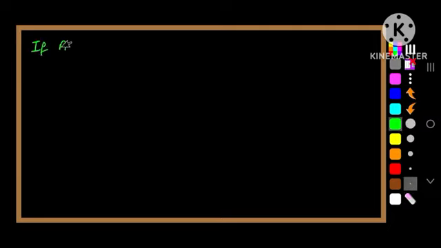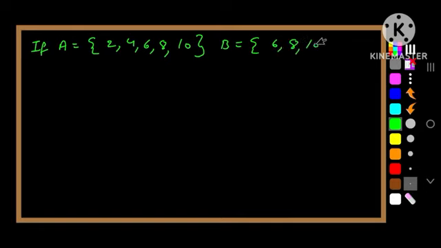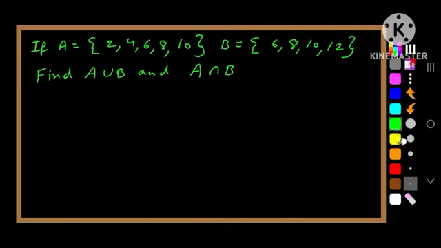If A is equal to 2, 4, 6, 8, 10, B is equal to 6, 8, 10, 12, find A union B and A intersection B. Now let us see how to solve this question.